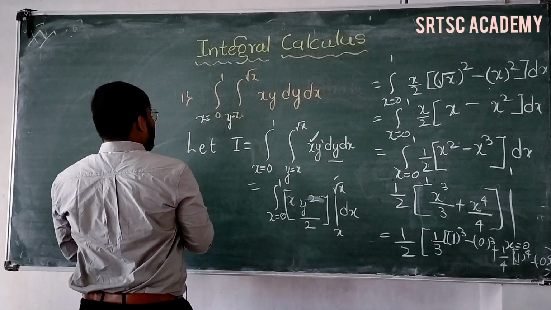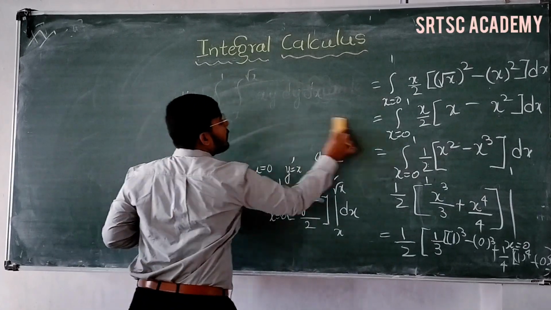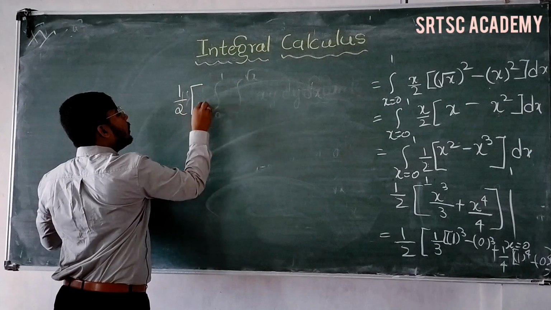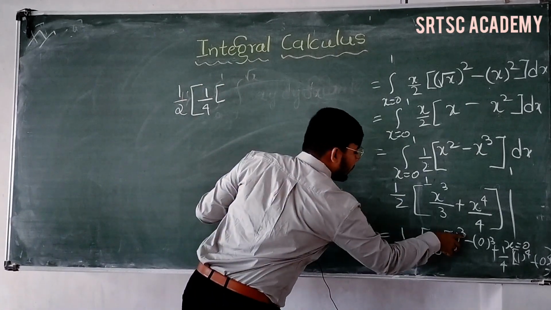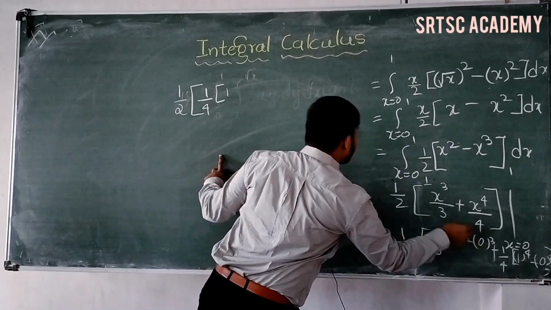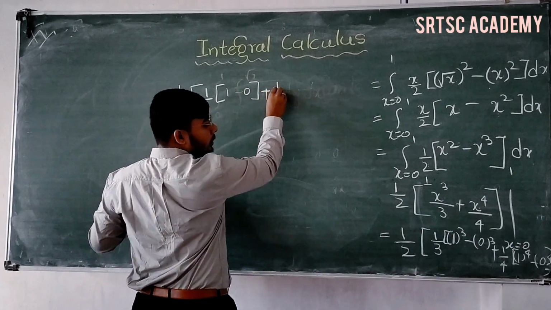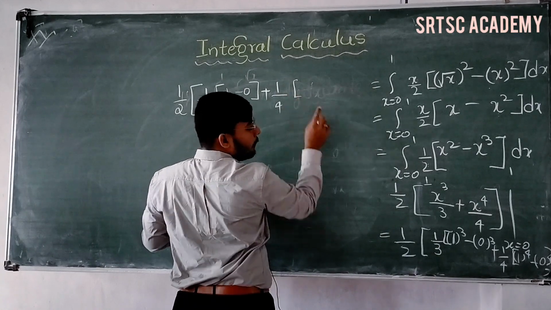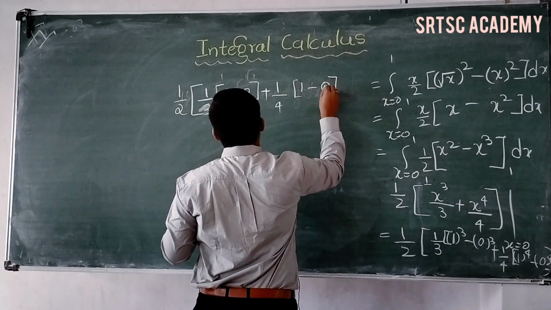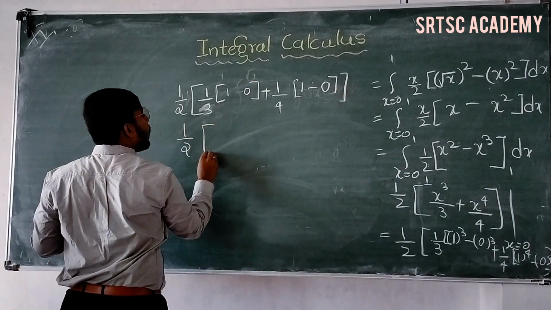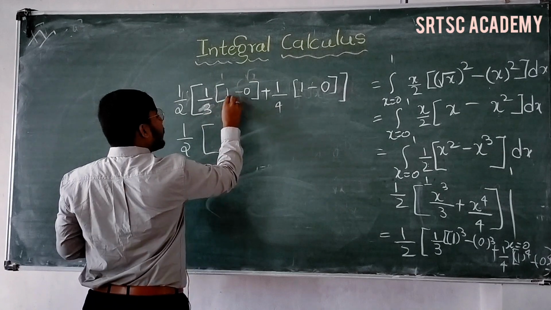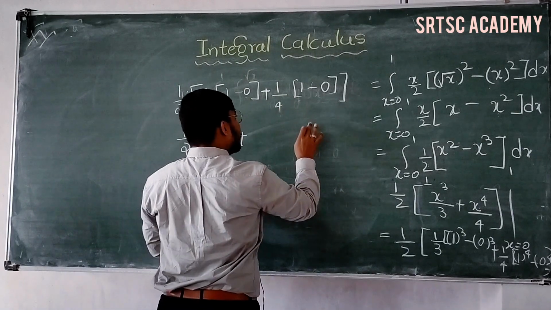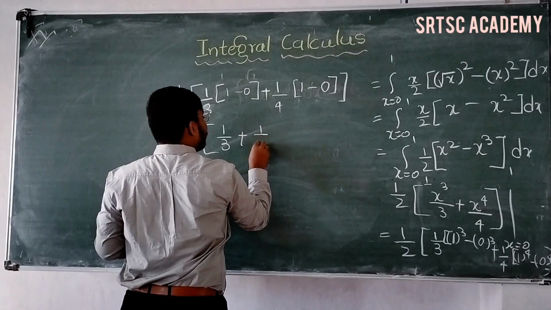Simplify it again. What will we get? 1 by 2, 1 to the power 3 means 1 only, and 0 cube means nothing but 0, plus 1 by 4, 1 to the power 4 means 1 only, minus 0 to the power 4 means 0 only. 1 by 2, how much here? 1 minus 0 means 1, 1 by 3 means it's 1 by 3 only, plus 1 minus 0 means 1, 1 into anything is that number only, 1 by 4 here.